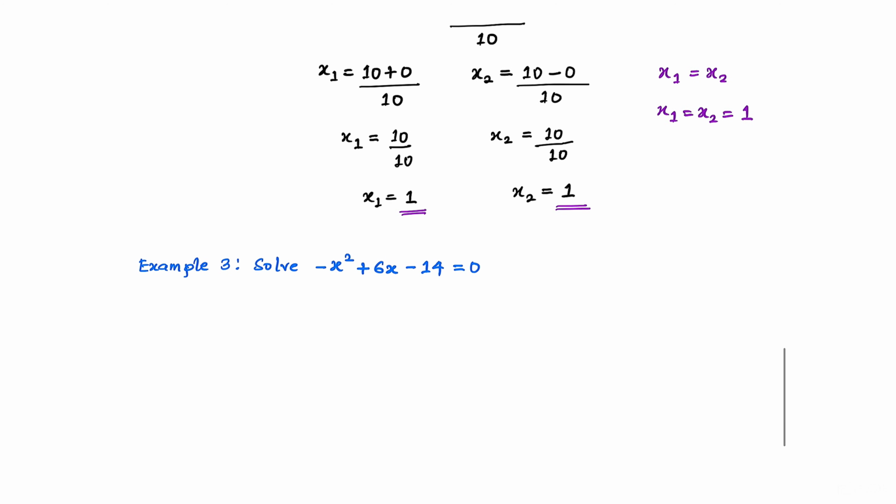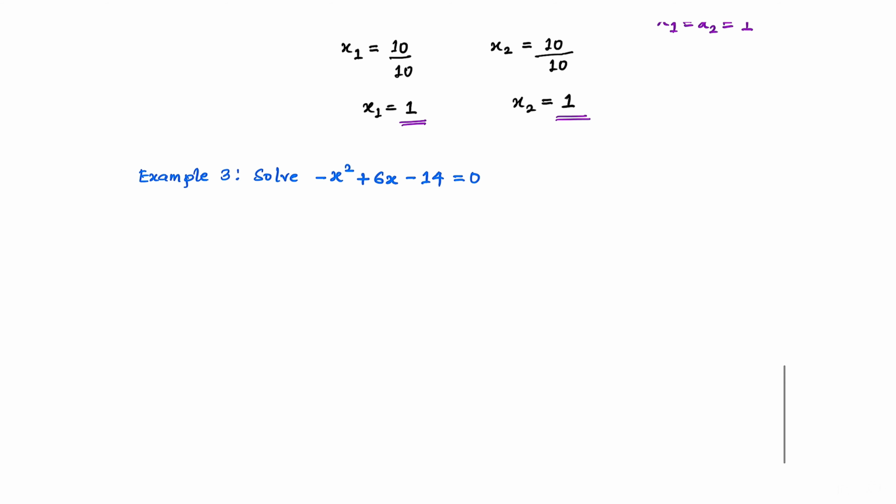solve minus x squared plus 6x minus 14 equals 0. First and foremost, we need to determine if the equation given to us is already in the standard form. Looking at it, we can see that it's already in the standard form because it looks like ax squared plus bx plus c equals 0. Hence, we don't need to do any readjustment.